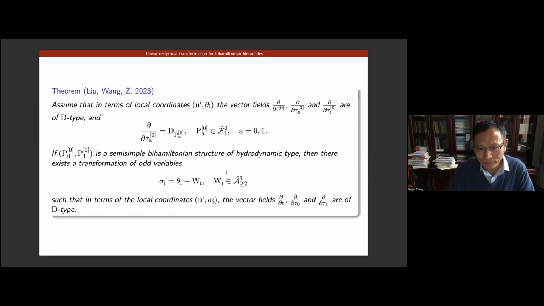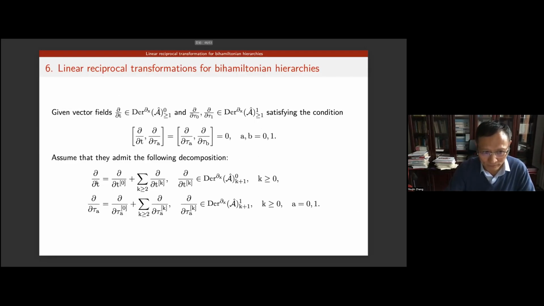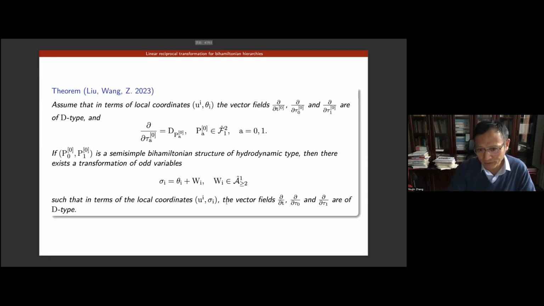Then there always exists a transformation of the odd variables so that in the new odd variables sigma I, the originally given flows and the Hamiltonian vector fields become of D type.